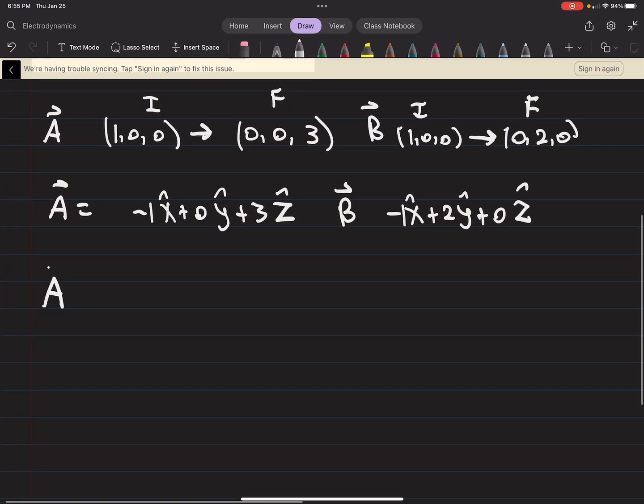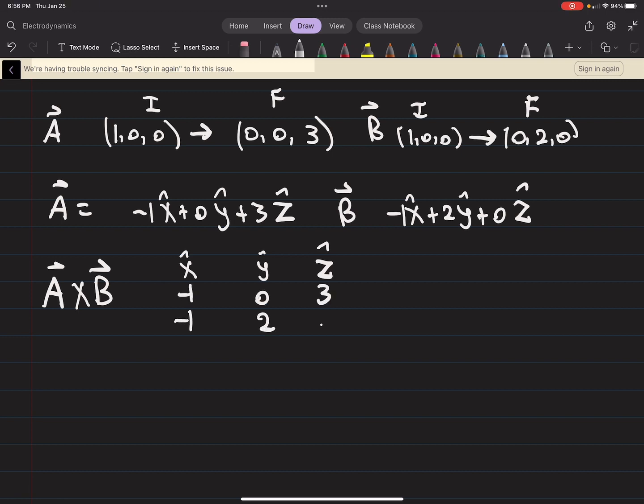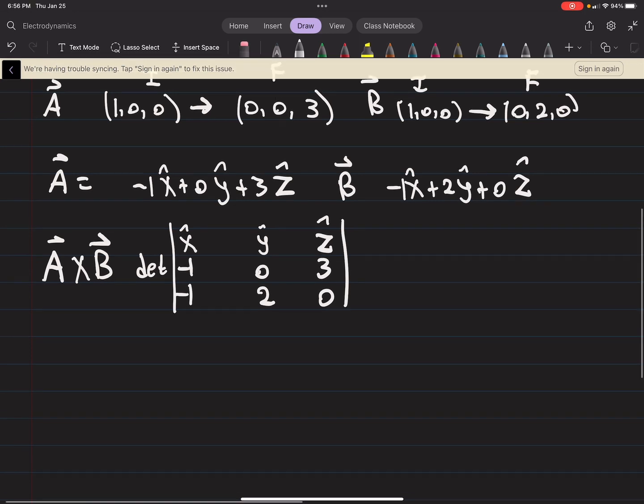So we want to take the cross product of A and B, and we'll write this as a determinant. So x hat, y hat, z hat, minus 1, 0, 3 for vector A, minus 1, 2, 0 for vector B, and we're going to take the determinant of this. If you're not familiar with this, I would recommend checking out my video on the topic.